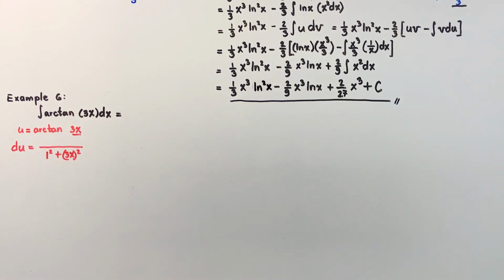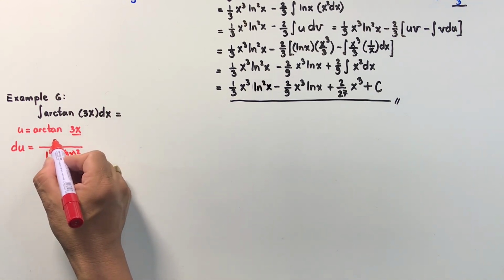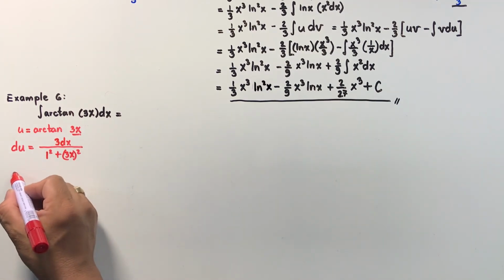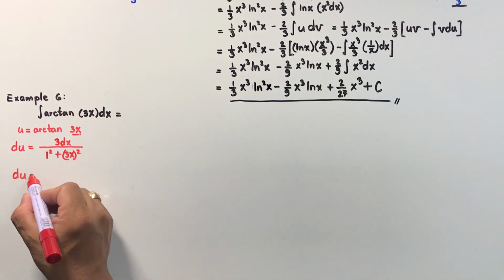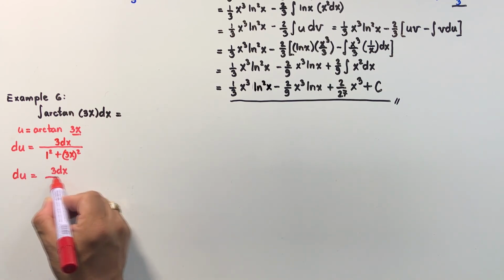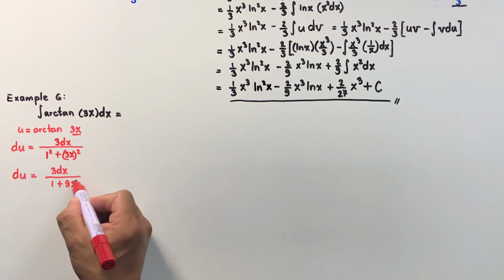And of course, we need to find the derivative of 3x, which is 3 dx. So our differential of u is 3 dx over 1 plus 9x squared.